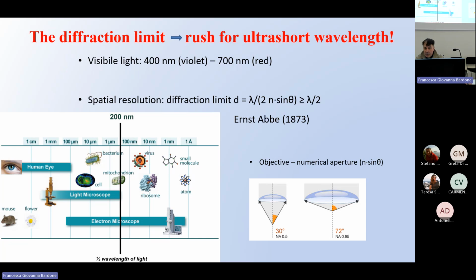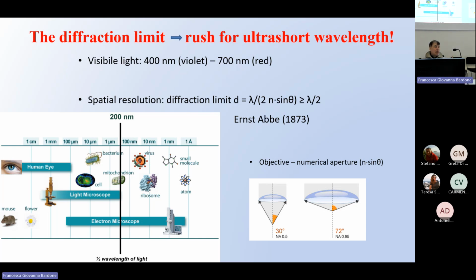And at the same time, I put on the slide objects you are interested in: virus, small molecules, ribosomes, atoms. All these objects are below the diffraction limit if you use light.